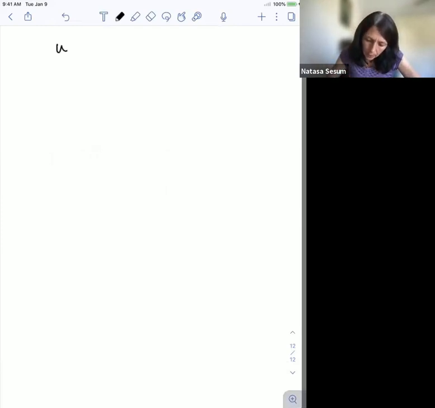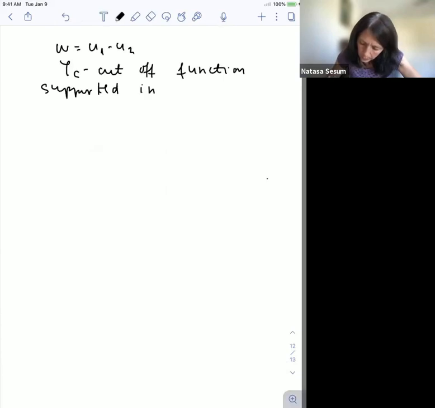If I call W equal to U1 minus U2, and if phi C is the cutoff function supported in the cylindrical region, which I call C theta, then let me call WC to be W times phi C, right?